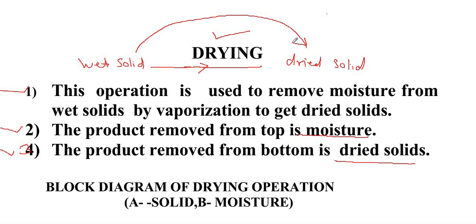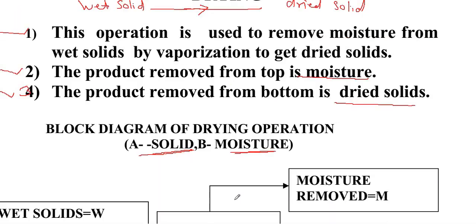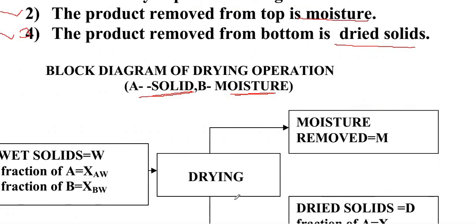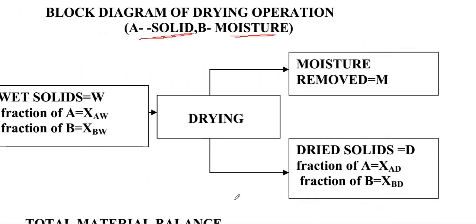Okay. Now I will explain the drying operation with respect to a block diagram. In this block diagram, A stands for solids and B stands for moisture. That means component A will be the solid, and component B will be the moisture.